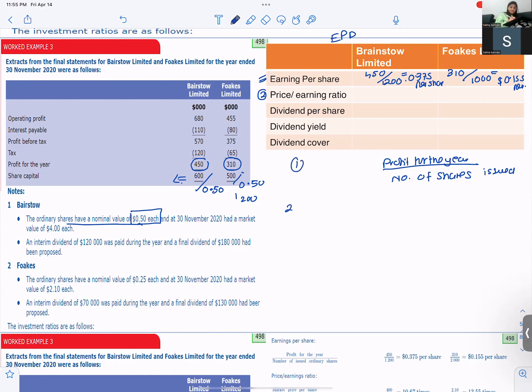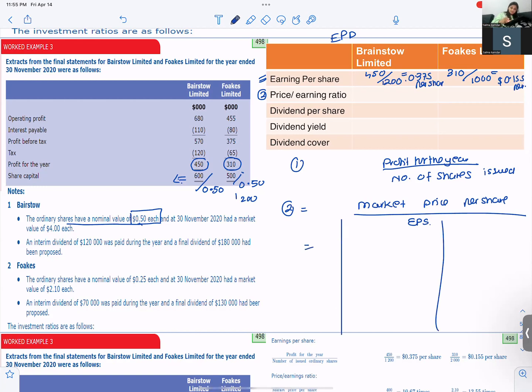Now let's talk about the price earning ratio. What is the formula for price earning ratio? The formula is market price per share divided by the earning per share. What is the market price per share? For Grain Straw, the market price per share is 4.